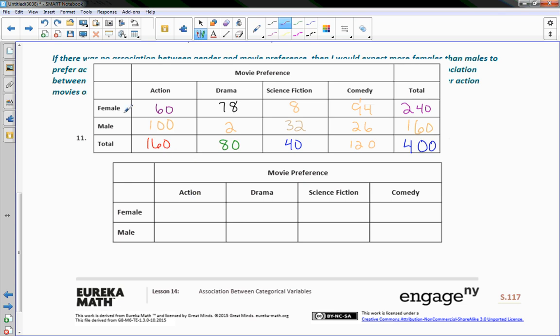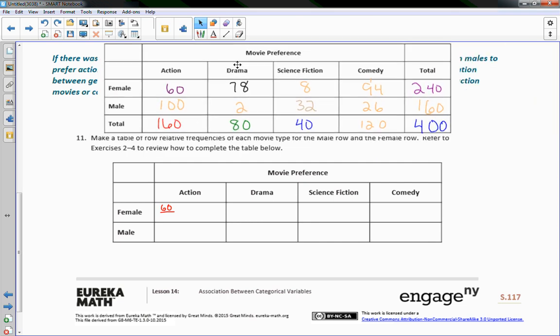Female action movies. Movie preference: 60 out of 240. So what we're doing here is we take the female action movie value, which is 60, divided by, now it said that we are doing row. Let me move this for a second just so you see.